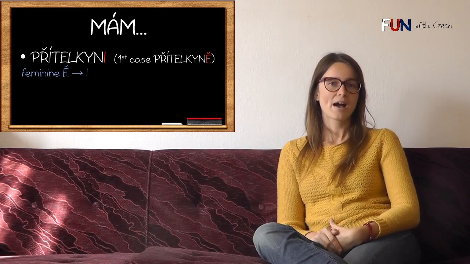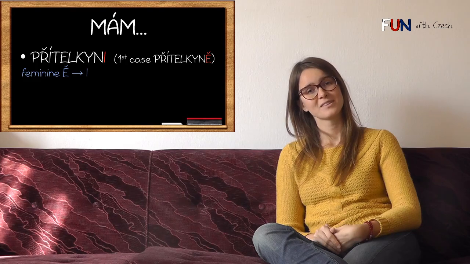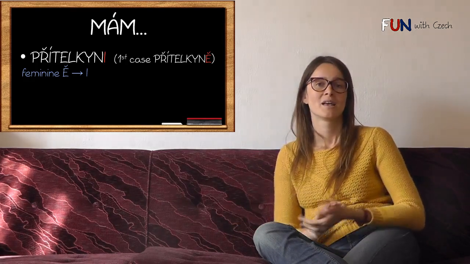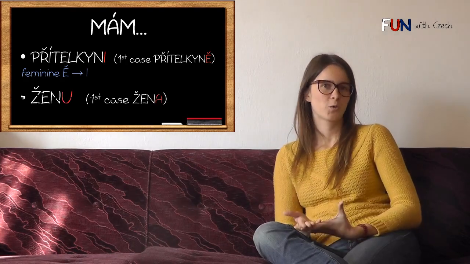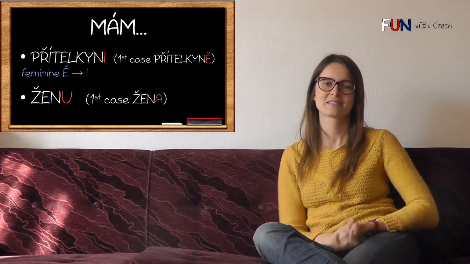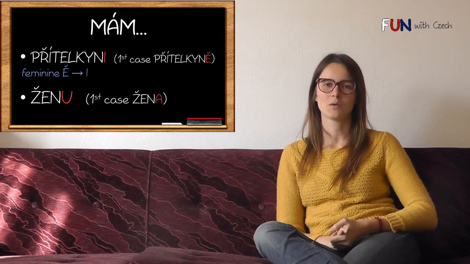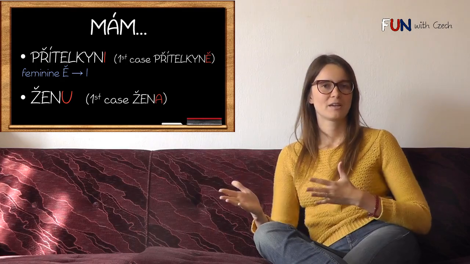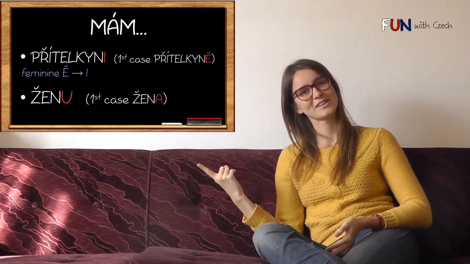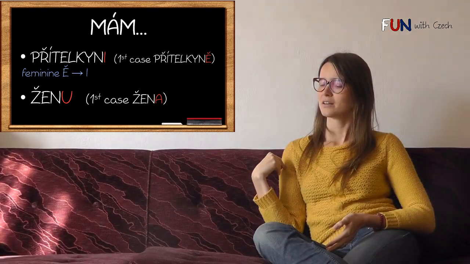And wife, it can be either žena, žena is at the same time also woman. So when you say mám ženu, it's like I have a wife, because in this case žena doesn't mean just a woman, it can also mean a wife. So žena, again, just as, what did we have? Šunka, and what was the other one?